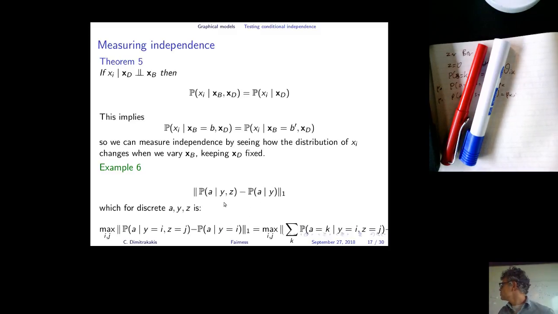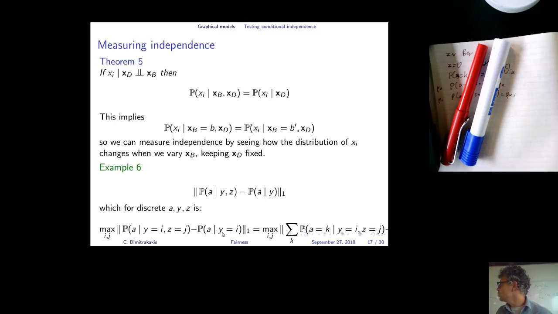But basically the computation says that for every possible value of y and z, take the maximum over these possible differences. And here, this is just the L1 difference between these two distributions. Yeah, so these are two different distributions for A, because one is only conditional on Y, and the other is conditional on both Y and Z. So you have two different multinomial distributions in this case, or two different Bernoulli distributions.